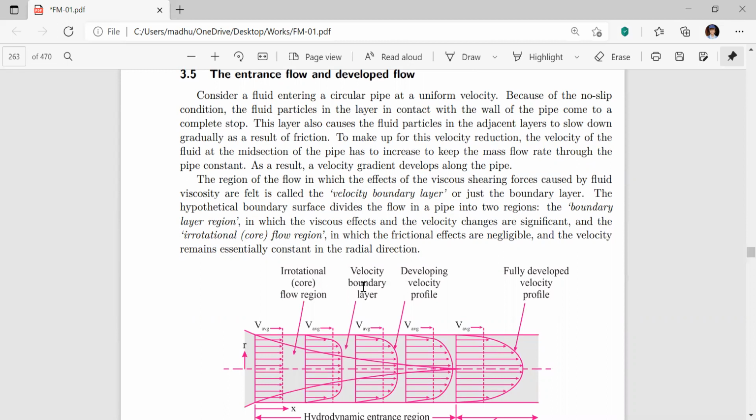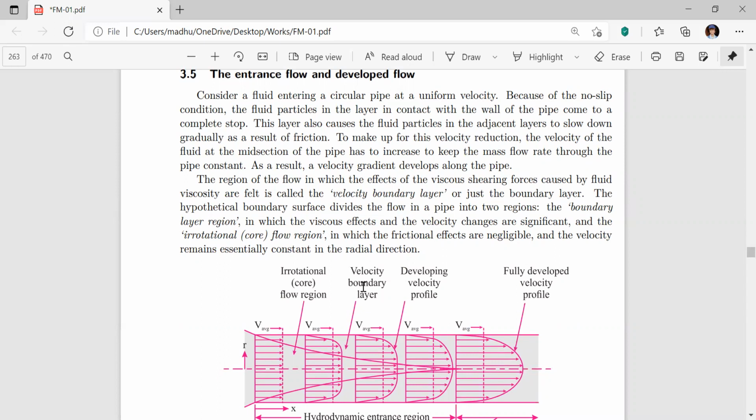This layer also causes fluid particles in the adjacent layer to slow down gradually as a result of friction. To make up for this velocity reduction, the velocity of the fluid at the midsection of the pipe has to increase to keep the mass flow rate through the pipe constant.